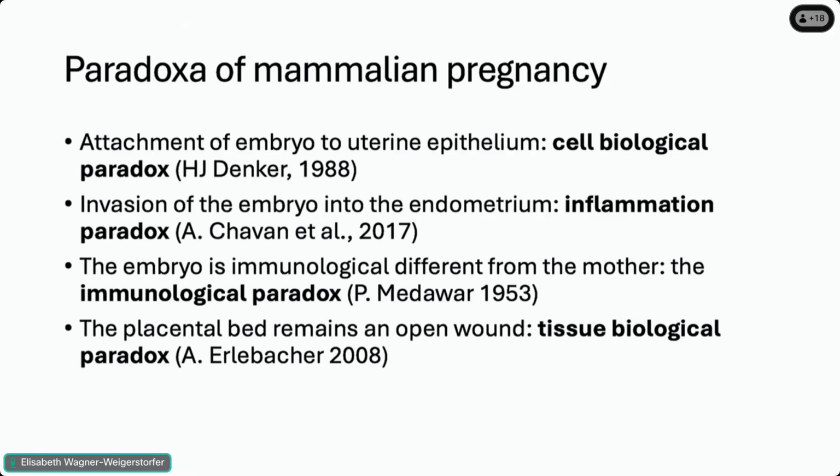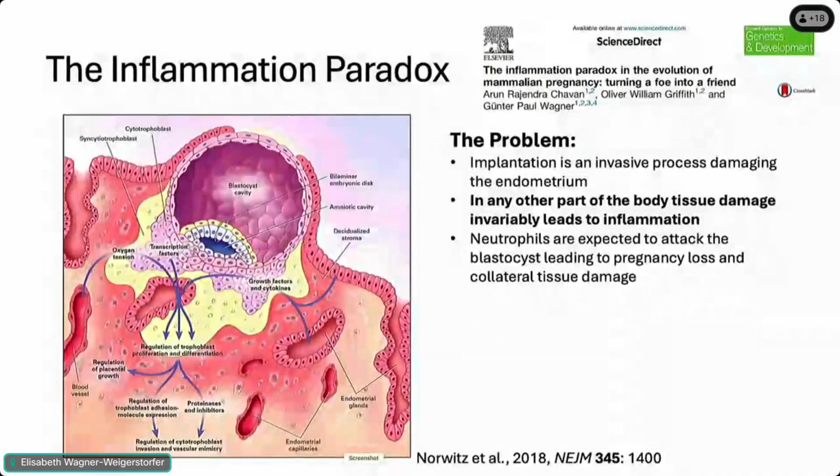And there's a more recent discovery also, namely the fact that the placental bed is actually an open wound. One of the key innovations is to prevent the healing of the wound. Otherwise, the placenta would detach, and that would be a problem. The inflammation paradox simply comes from the observation that the embryo, when it makes a placenta, is actually invading the maternal tissue, causing an injury to the maternal uterine lining, and any disruption of an epithelium could generically cause inflammation.